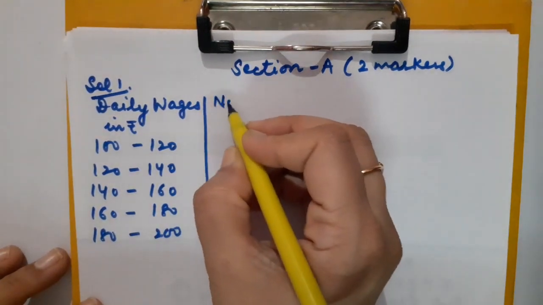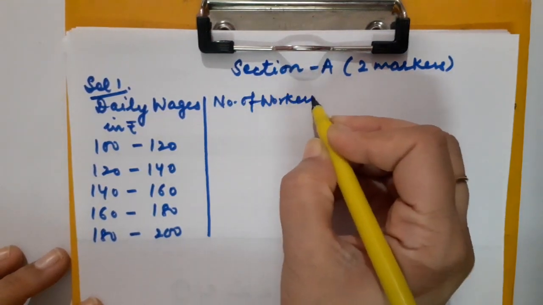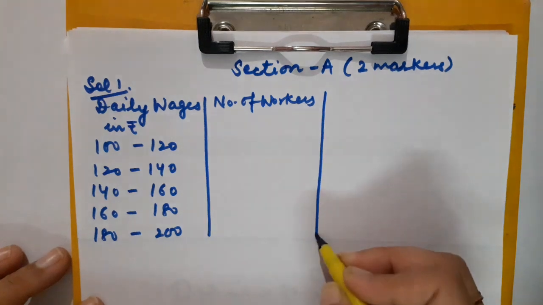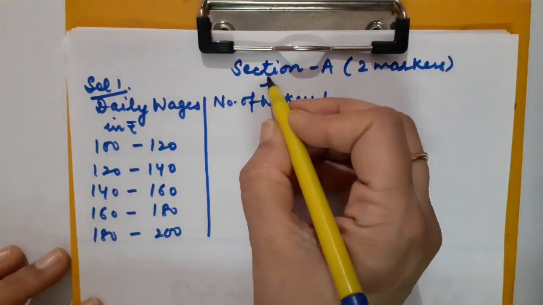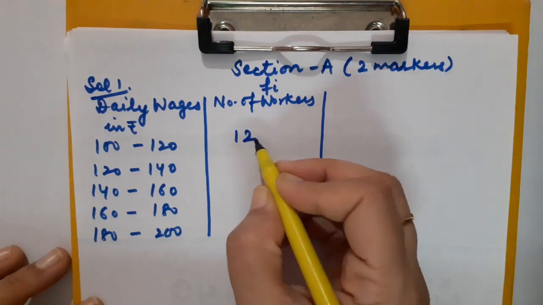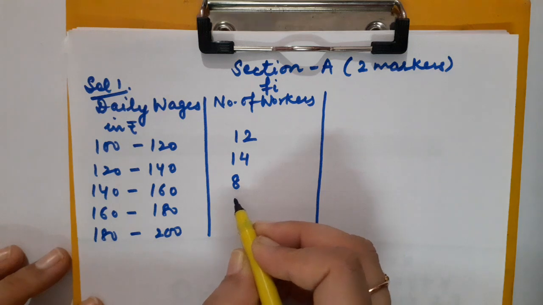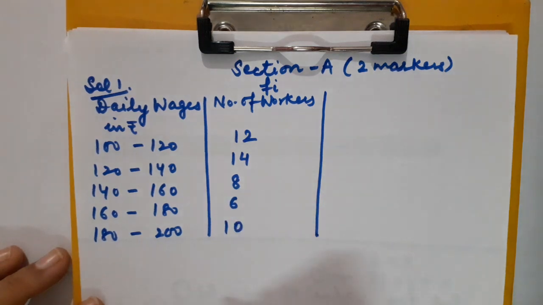And we will be having number of workers given, which we are going to consider as FI, that is 12, 14, 8, 6 and 10.